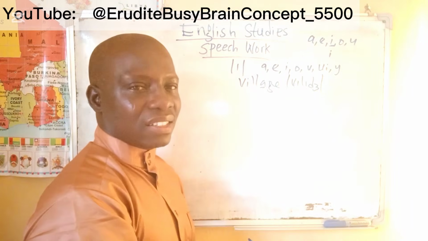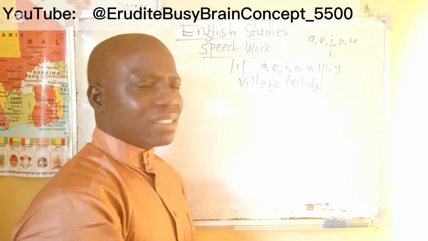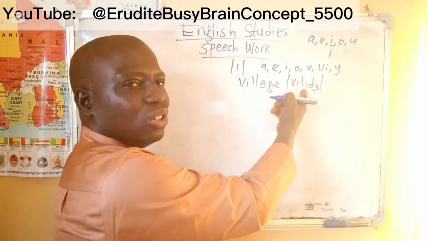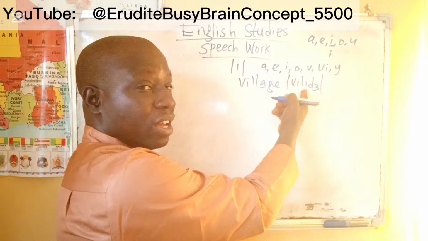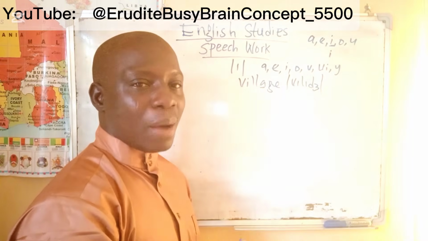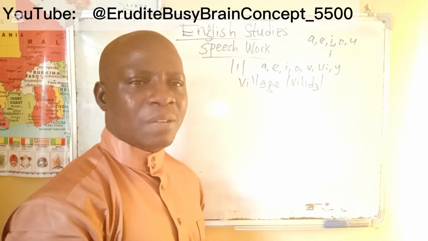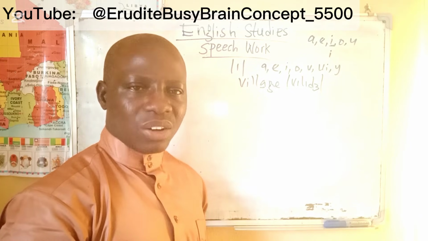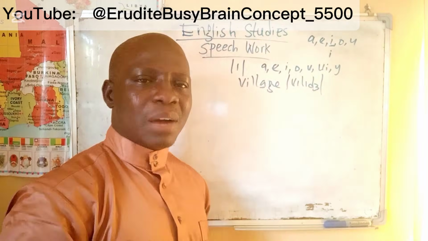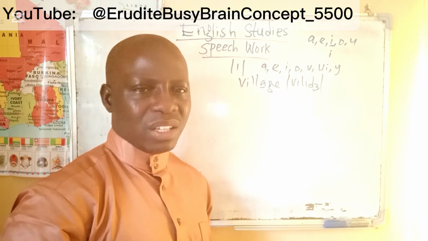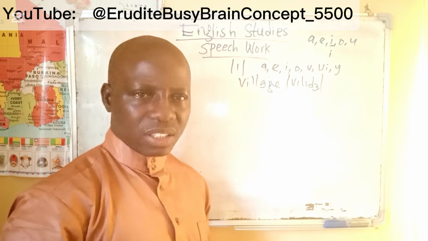So you can see that this letter A here is actually E, not A. And don't mix it up when we talk about A. That's why I told us that some English sounds change their pronunciation depending on the environment of the word where it features. Is that okay?